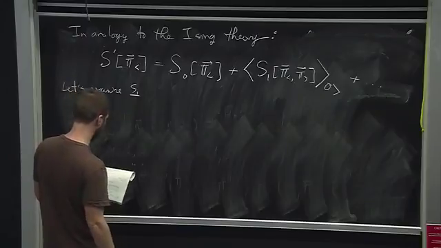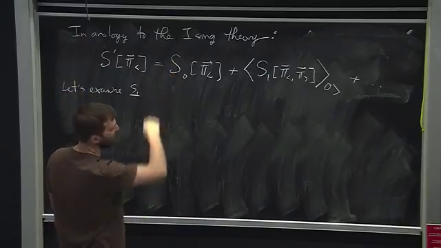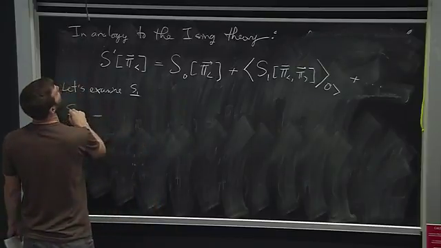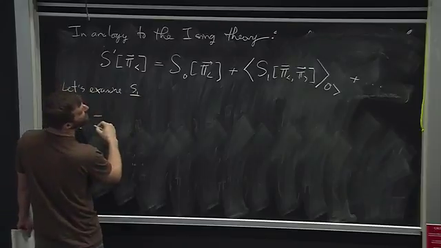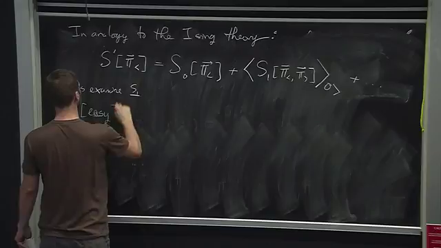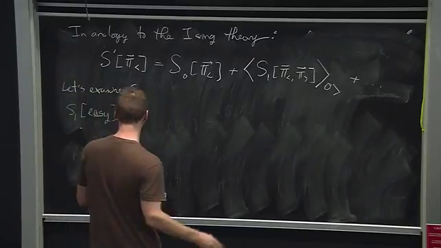Okay, let me look at, actually what did I call it? S1 easy. That looks the same as a Gaussian piece, basically. Except you can mix fast and slow fields. But we know how this works.